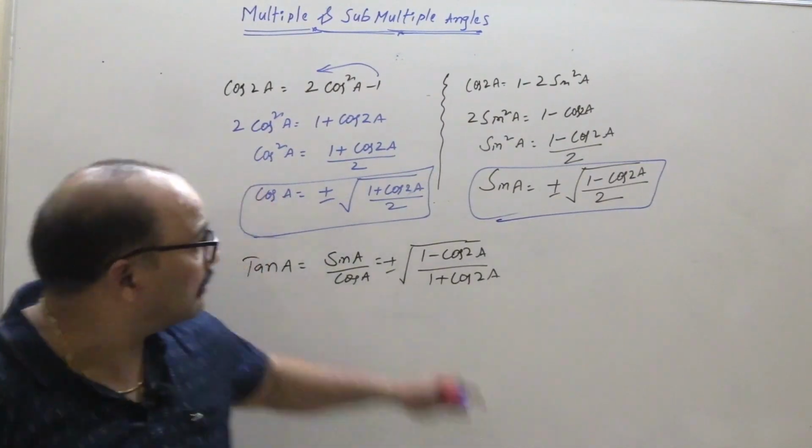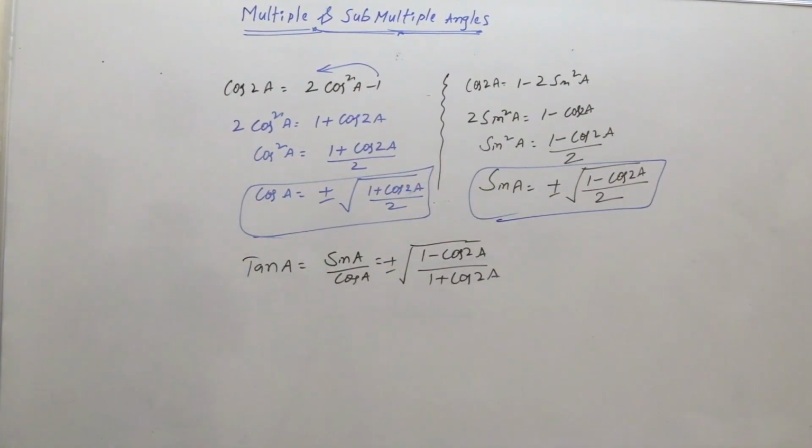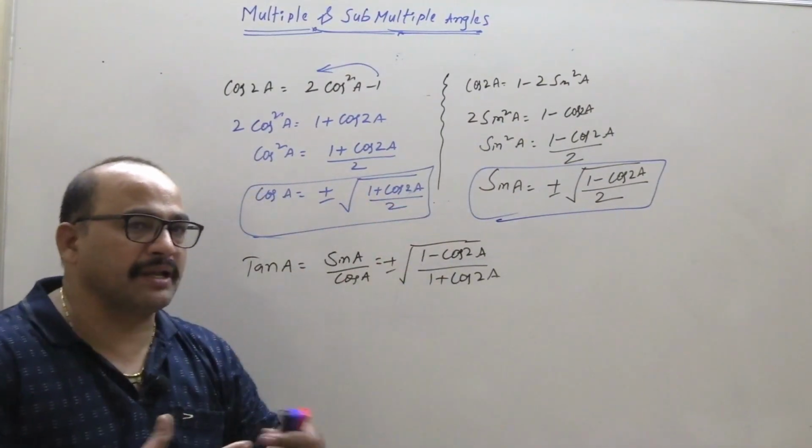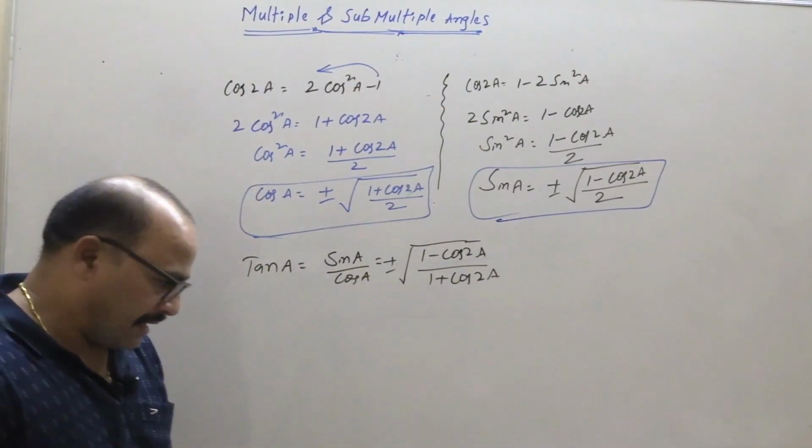Best concept, particularly this one. Okay, now students, when you are preparing for JEE advanced level, this kind of thinking, this kind of clubbing is important in problems. Okay, now students.